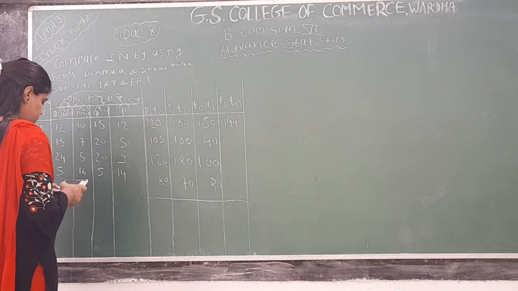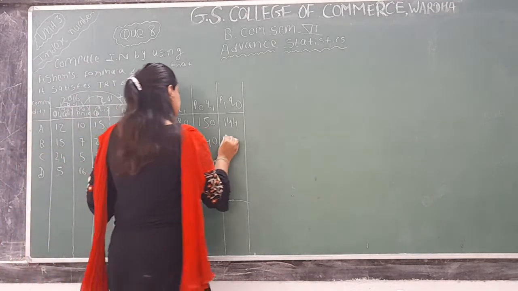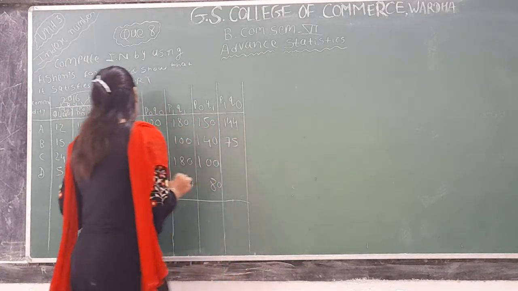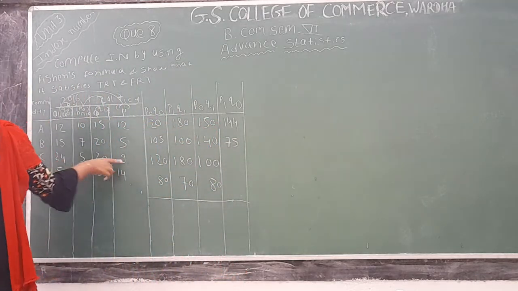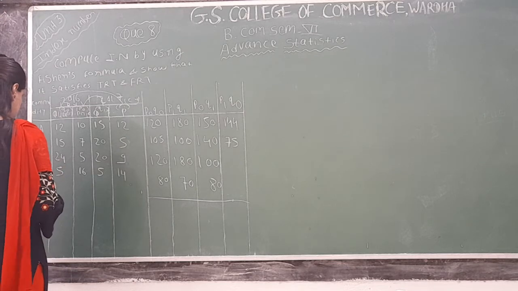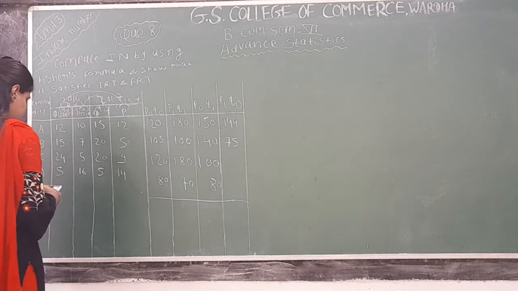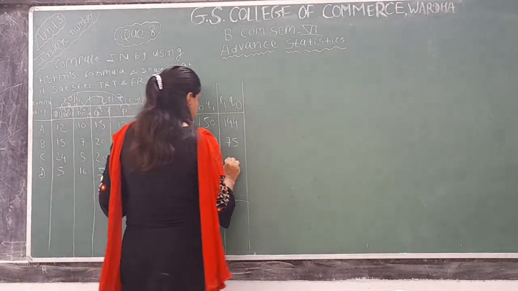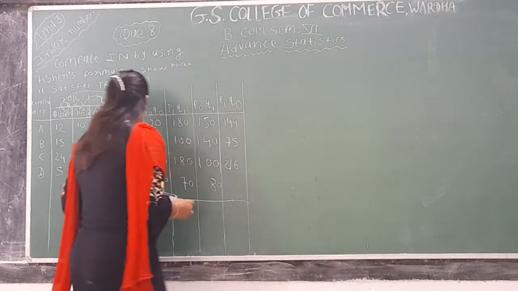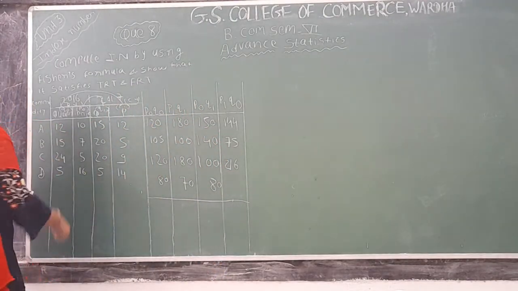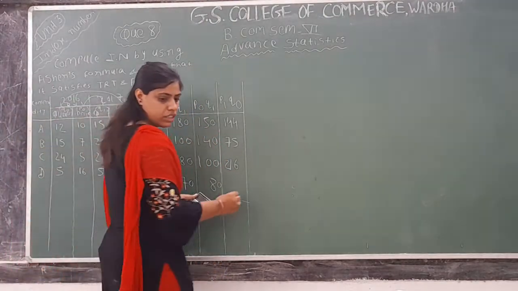So it comes to 75. For commodity C, it's 9 into 24. It comes to 216. And for commodity D, it is 14 into 5. So it again comes to 70.